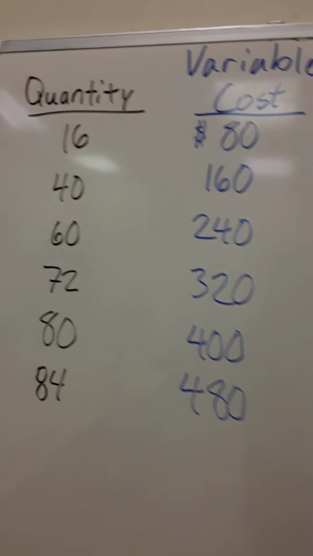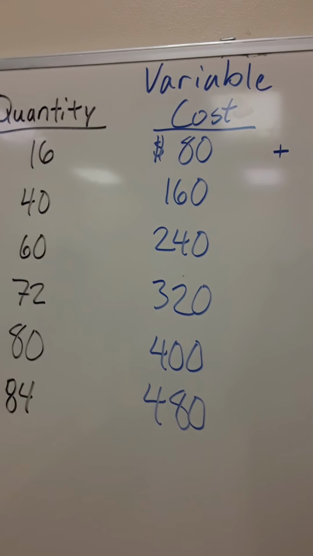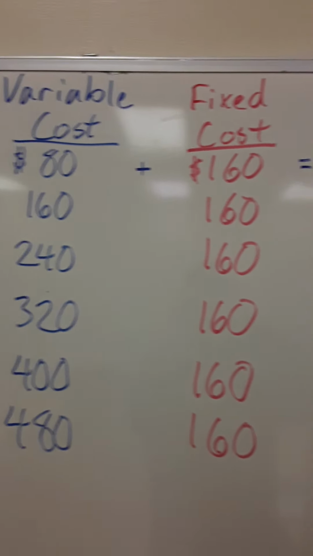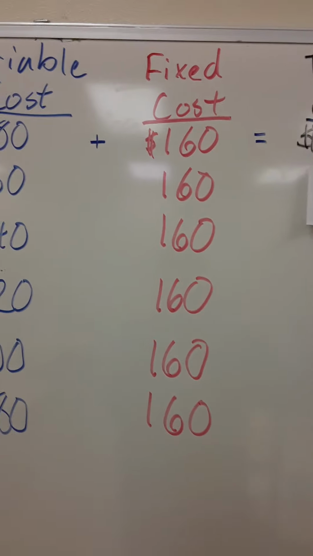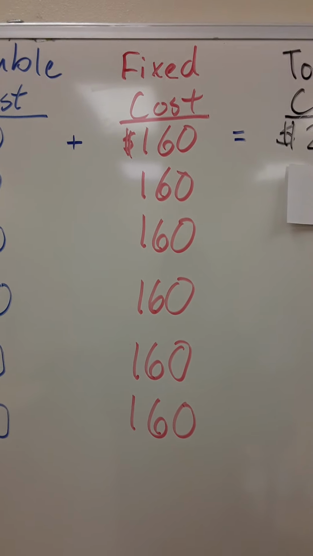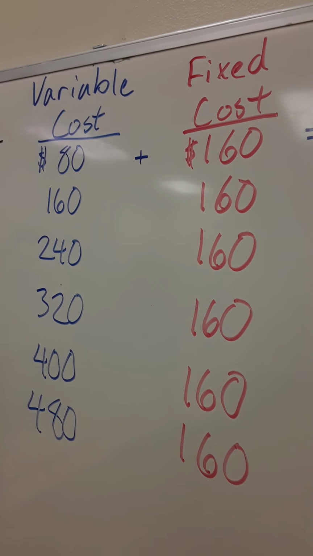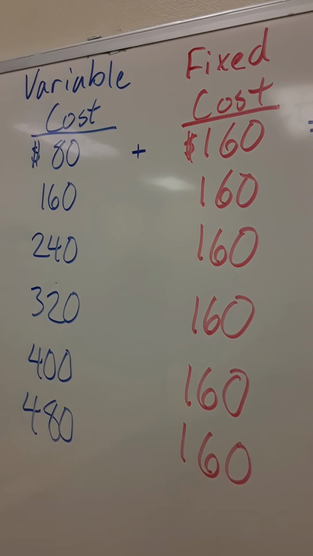So I'll go on to the next row of numbers that we have here of the quantity of 40 and variable of 160 and fixed of 160. Okay, so now the total cost again is adding the variable and fixed.